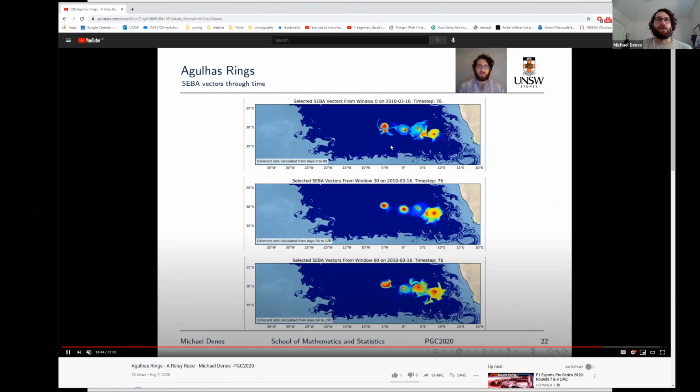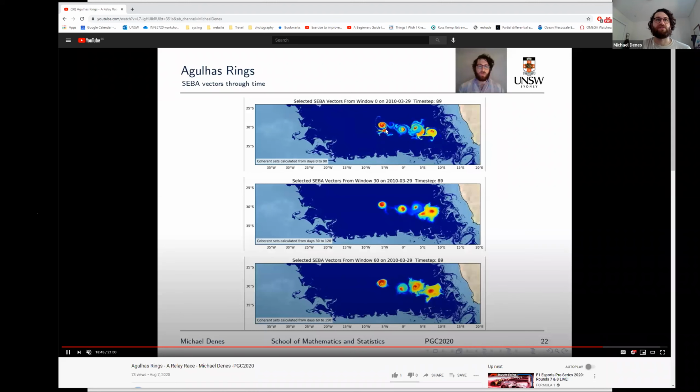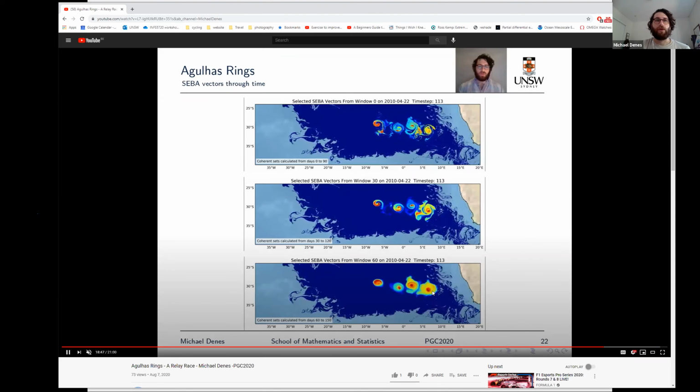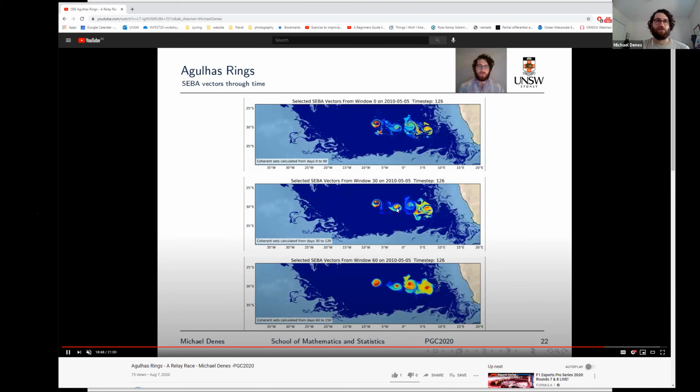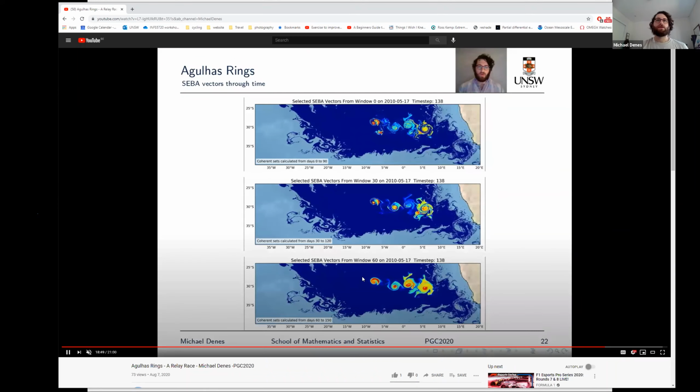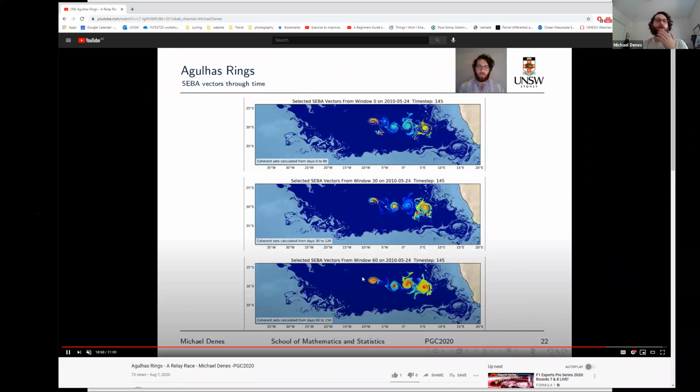So you can see now for the first window, those eddies are starting to filament and break up, whereas in Windows 30, they look quite coherent. And now in Windows 60, they are quite coherent, whereas the first and 30th window are starting to filament quite a bit. So they all represent the same eddy, just at different time points.